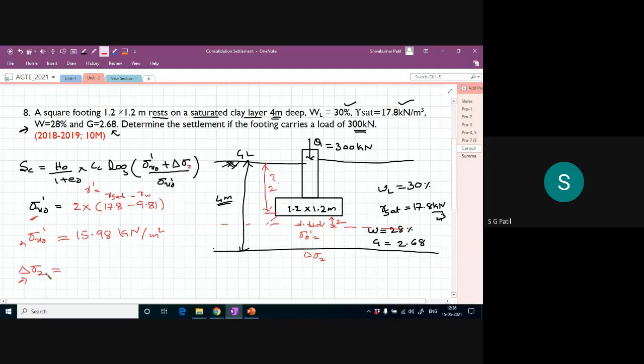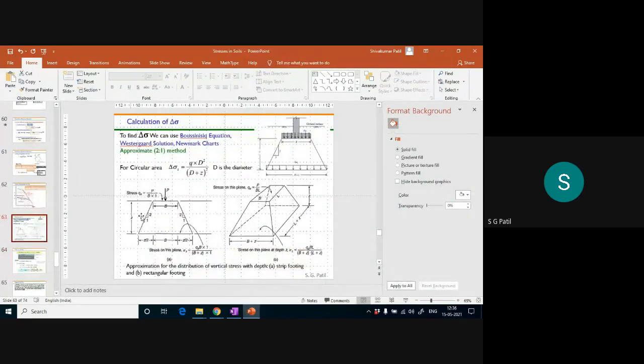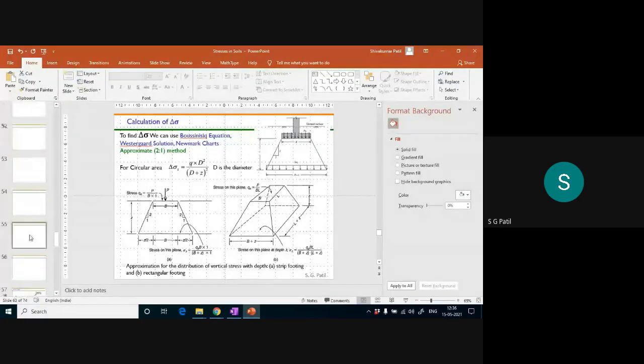So delta sigma Z is equal to whatever the loading is, divided by my area. If you remember that formula, how to calculate delta sigma Z by the approximate method?